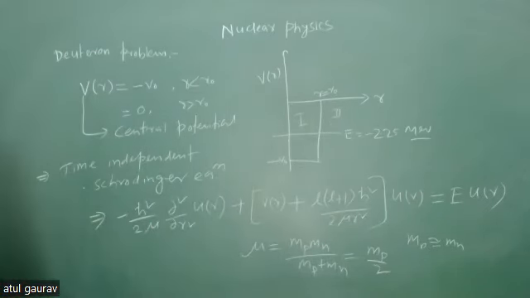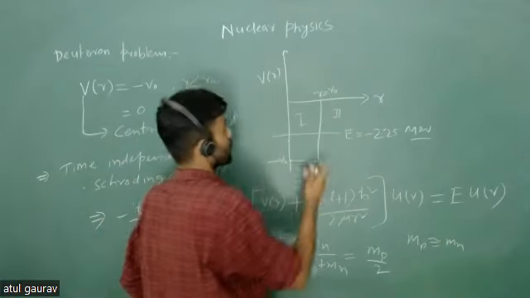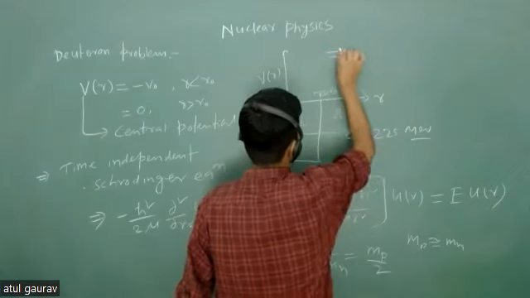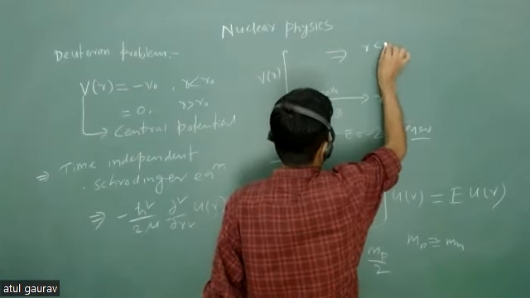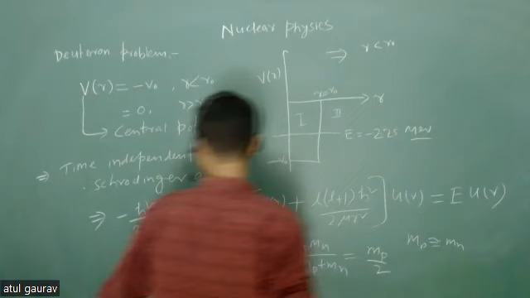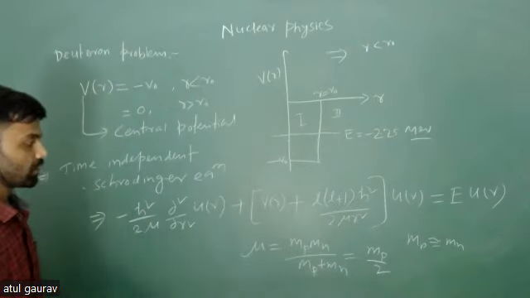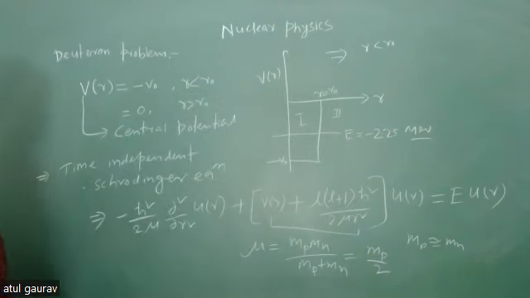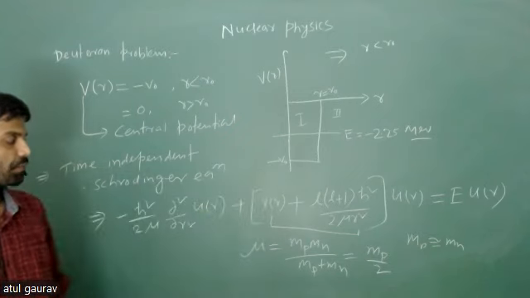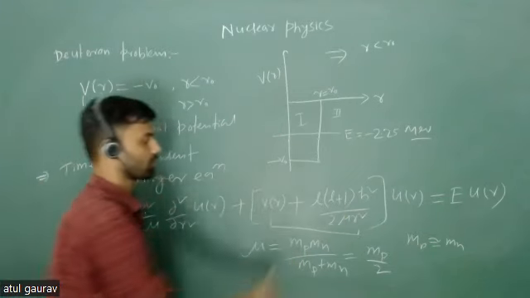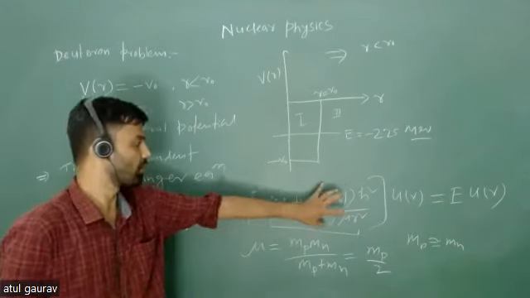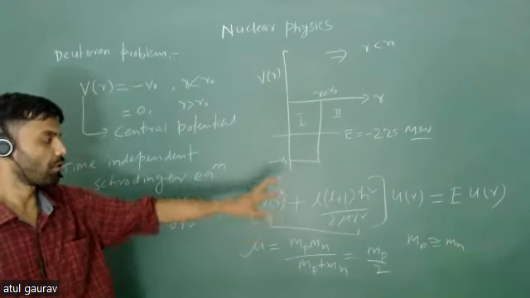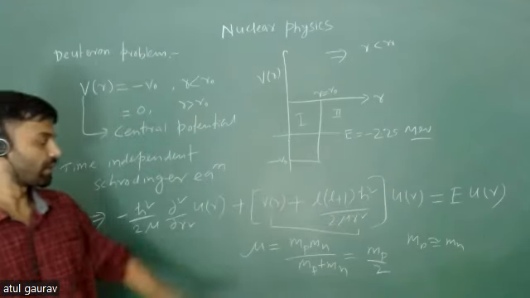In region 1, or you can say r less than r naught, we have this equation, and of course this is your total effective potential. This system will have minimum energy when l equals 0, because this term is contributing some potential energy, and for the ground state that energy should be minimum.